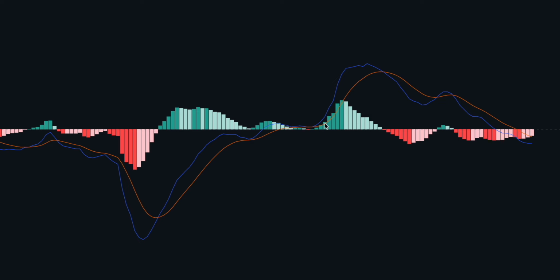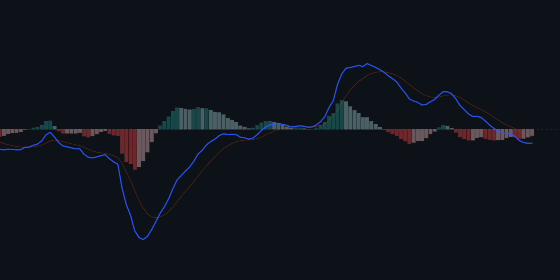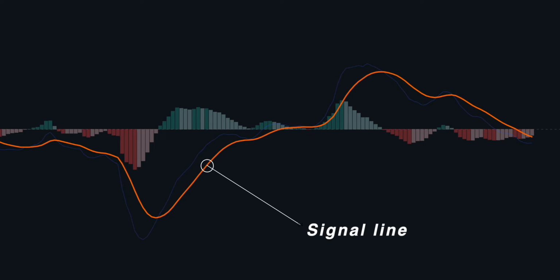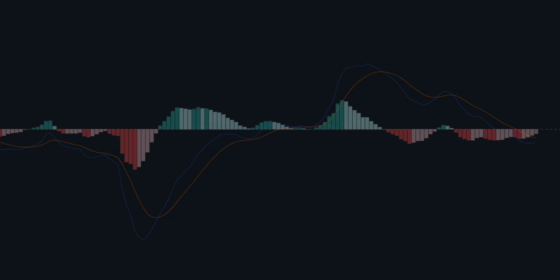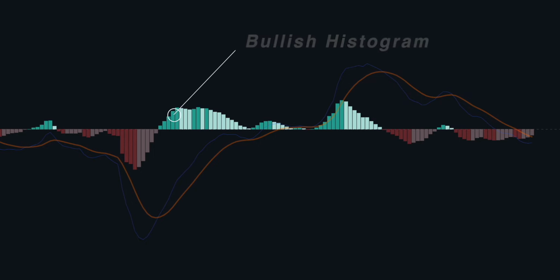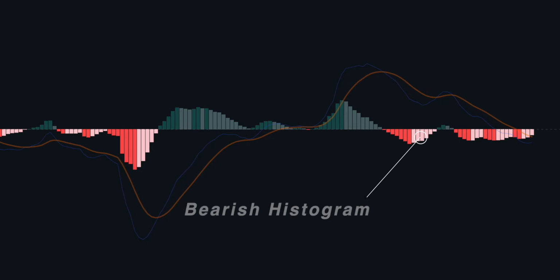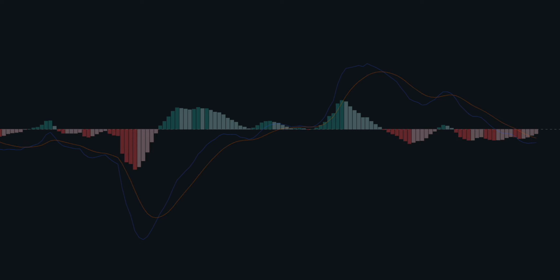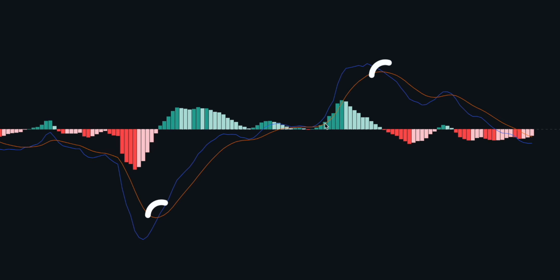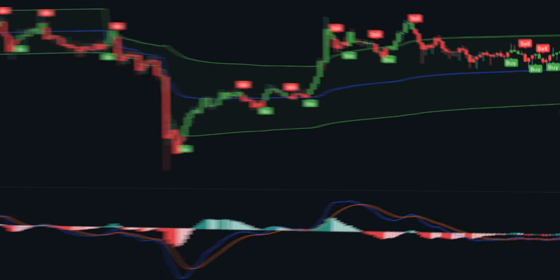The indicator consists of 3 elements: a MACD line, which measures the distance between two moving averages; the signal line, which identifies changes in price momentum; and the histogram, which represents the difference between the MACD and signal line. When the MACD line crosses the signal line, this is an indication of a short-term momentum change. When both of the lines cross the 0 level, this usually indicates a shift in a longer-term trend.